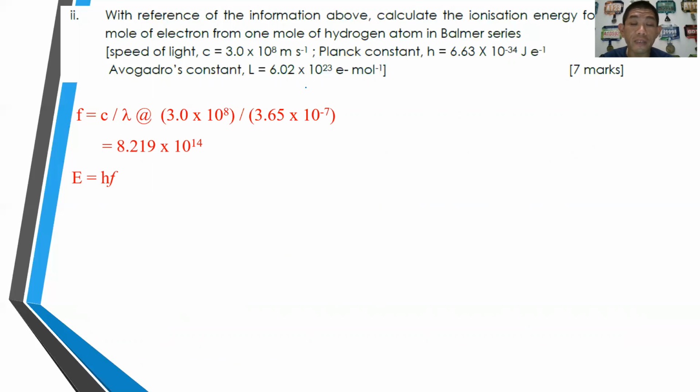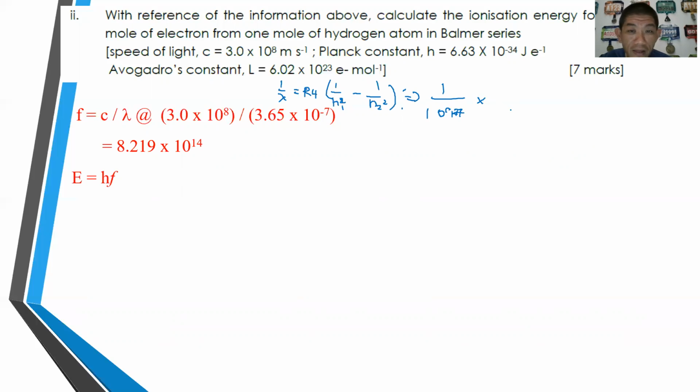Previously you have 1 over lambda equals RH times 1 over n1 squared minus 1 over n2 squared. So you substitute accordingly.